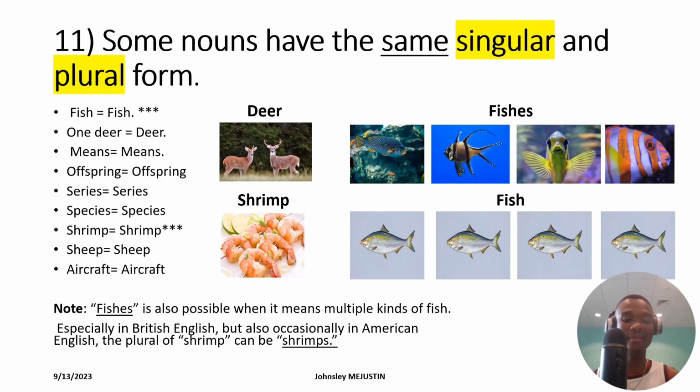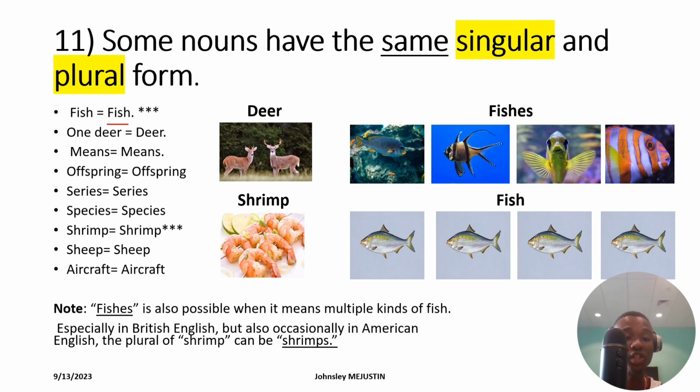Now, number 11. Some nouns have the same singular and plural form. There are a lot of nouns which have the same singular and plural form. For example, everybody knows what fish means. The plural of fish is fish. It doesn't change.